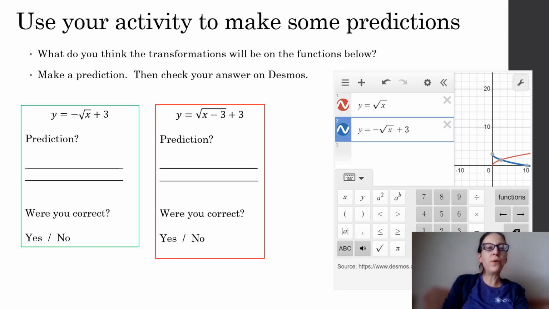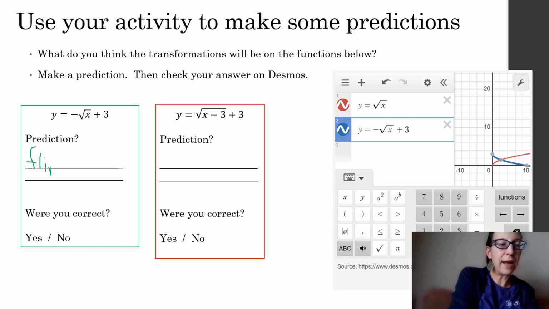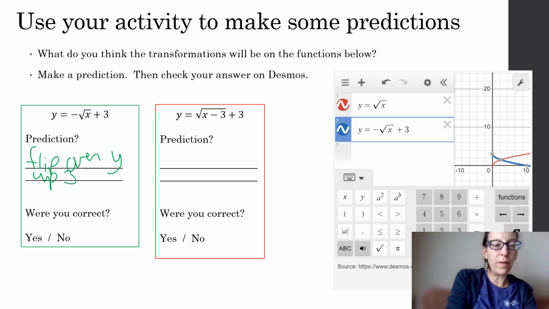Okay, so I'm going to make some predictions. On this first one, I'm going to say this one flips over the y-axis, and I think it goes up 3. And on this one, I think it's going to go right 3 and up 3.